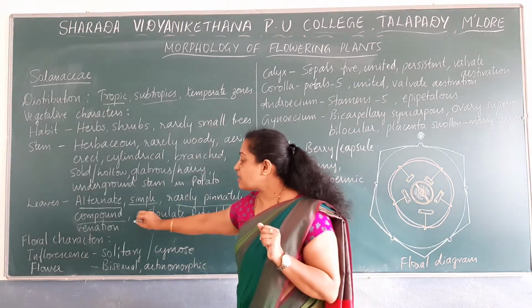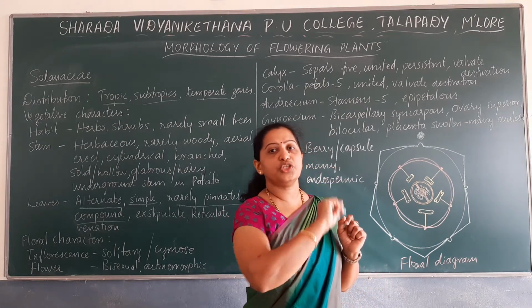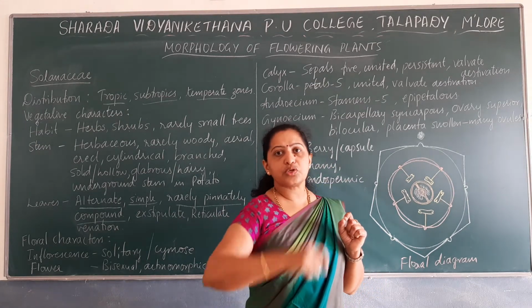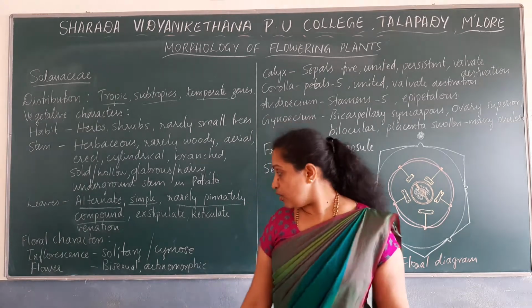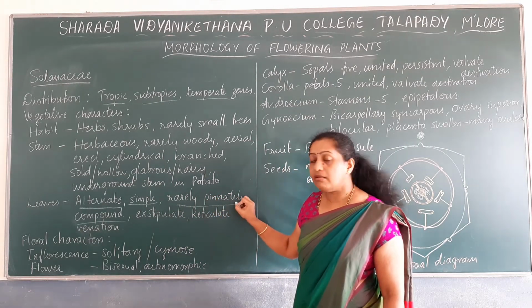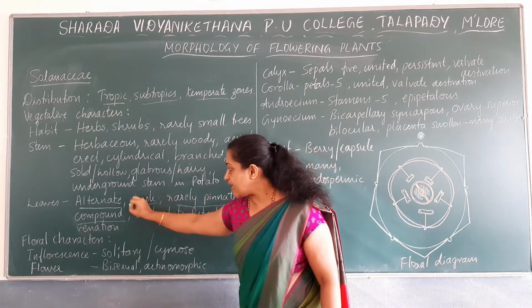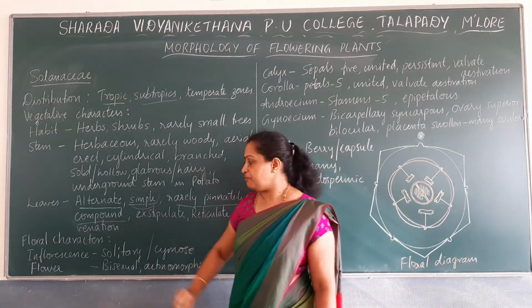So we call them compound leaves. Each leaf has many leaflets arranged on either side of the axis or rachis. Most of the plants have simple leaves, but some have pinnately compound leaves.